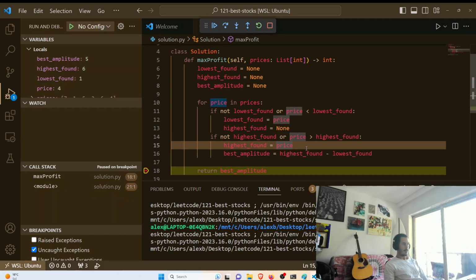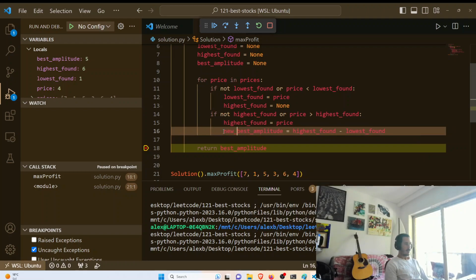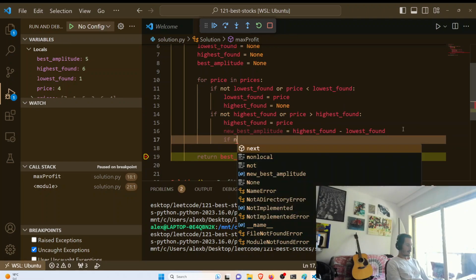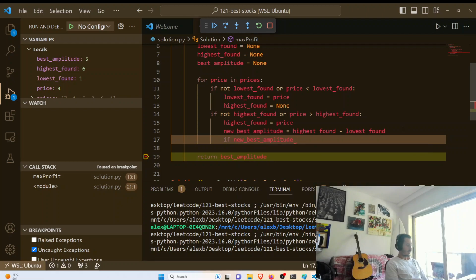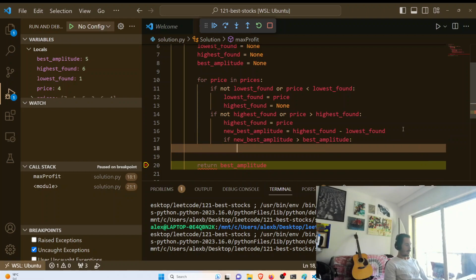Best amplitude. And now the new best amplitude. If the new best amplitude is higher than the best amplitude, we replace it.